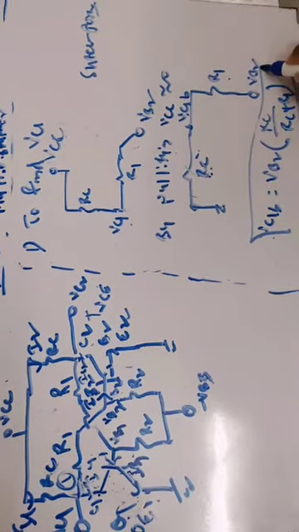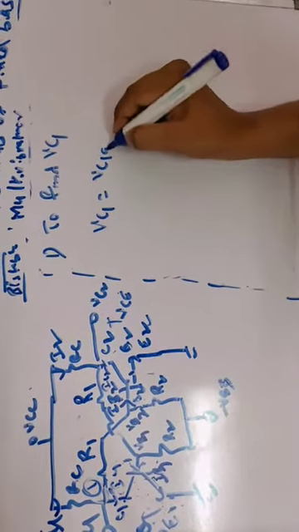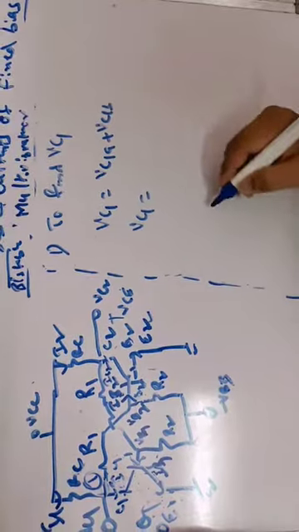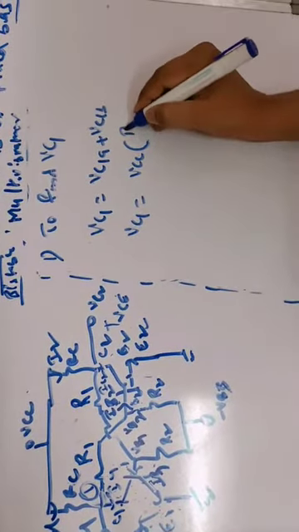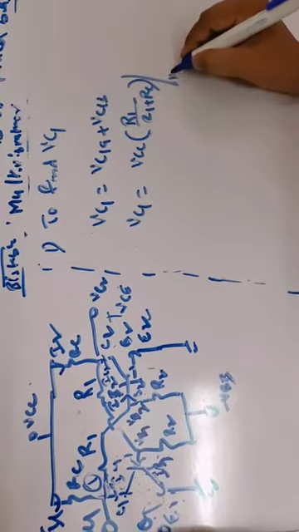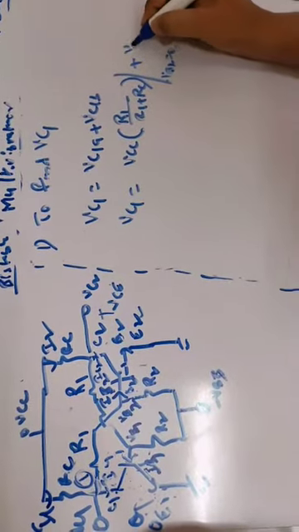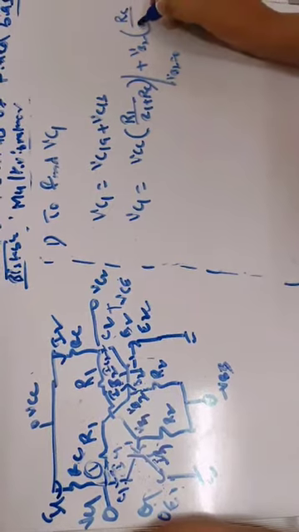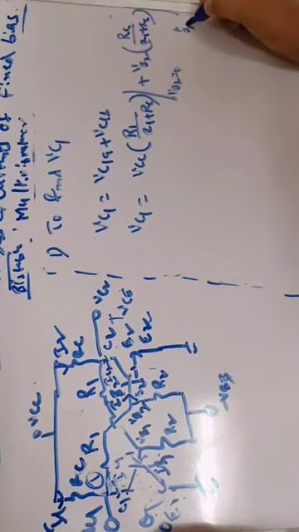Therefore VC1 is a combination of VC1A plus VC1B according to the superposition principle. VC1 is equal to VC1A, which we already got, VCC into R1 divided by R1 plus RC, considering VB2 is equal to 0, plus VB2 into RC divided by R1 plus RC, considering VCC is equal to 0.